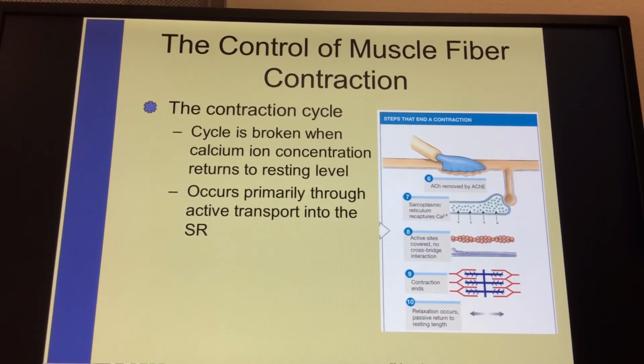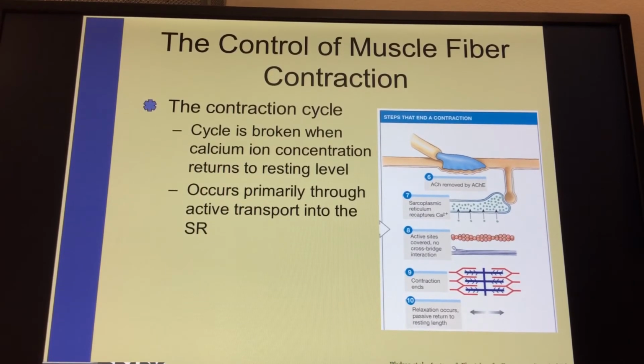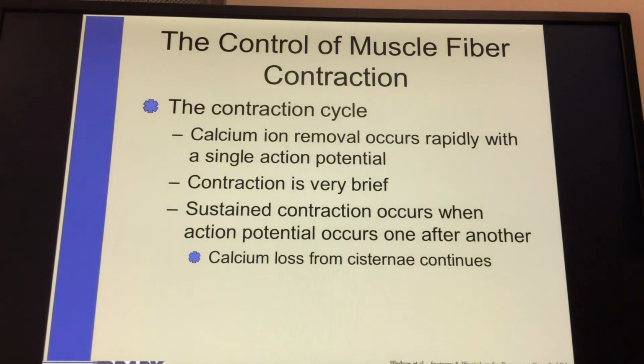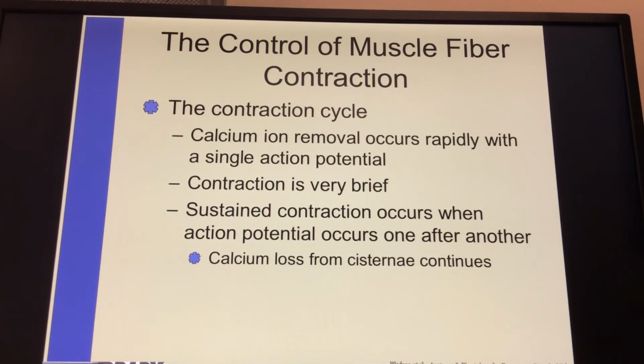It locks up that actin again, slides back into position, and there we get contraction stopping and relaxation occurring, and those fibers slide back into position, and we get lengthening. So that's basically the contraction cycle.